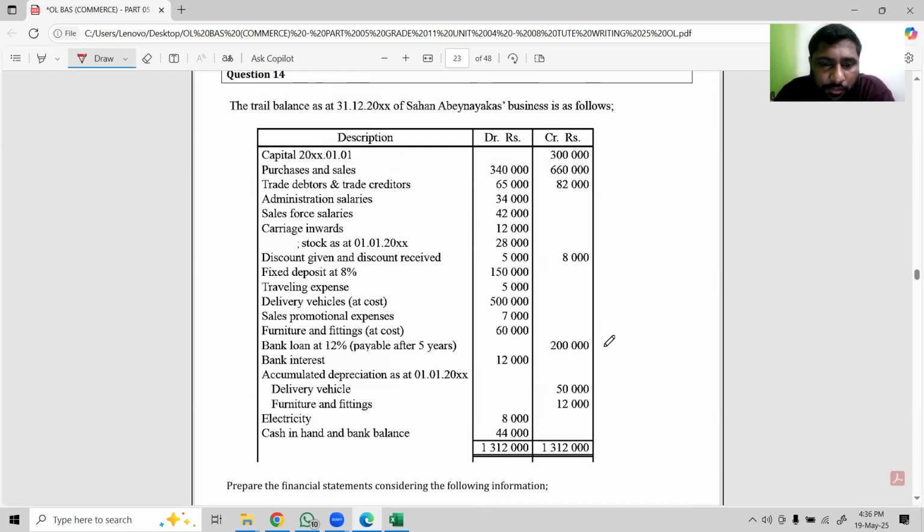We'll quickly do Sahan Abenayaka's question. It's a big one. A little bit big one. We'll do it. Now we'll focus on the timing. Since we are doing it with the explanation, it is taking some time. We'll try to finish it within 25 minutes. Okay.